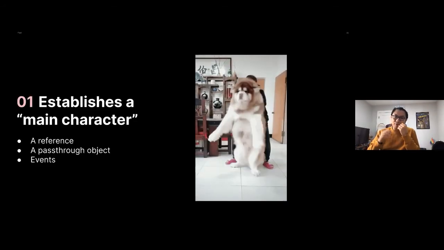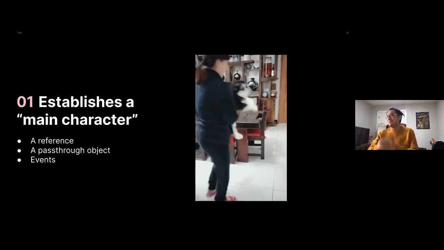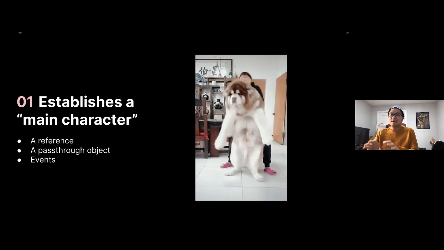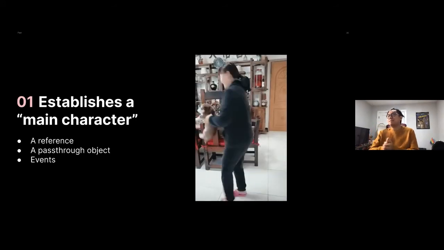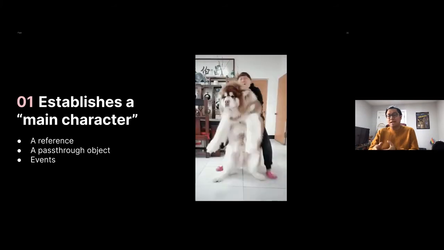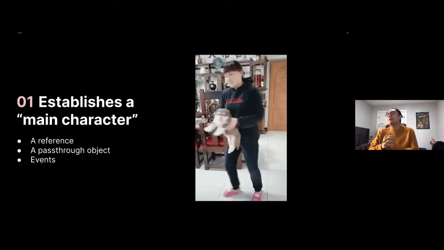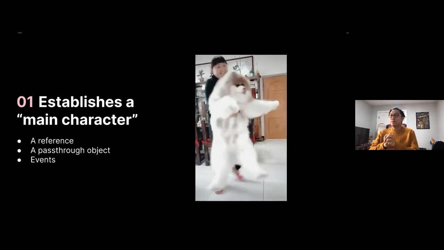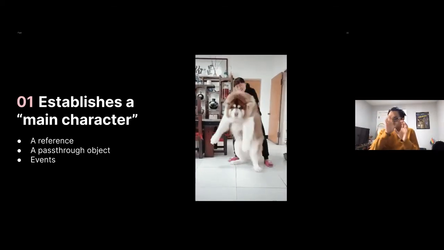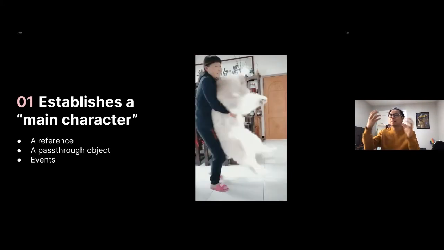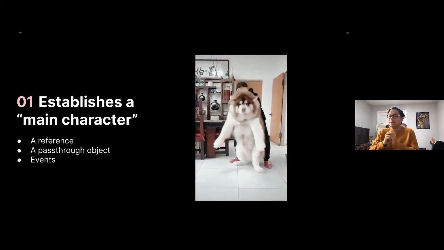So I would say the first thing, number one, when you write a story, when you create a workflow, you will establish a main character. What a main character is could be anything, right, in a workflow way. It can be an event, it can be a reference to an object, or you can just pass an object along the state, have everything pick it up and modify it and maybe write it to the database at the end.